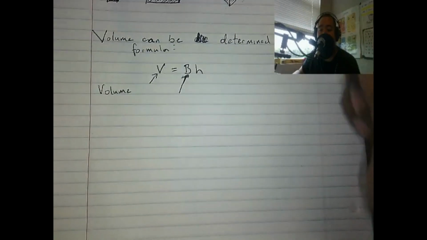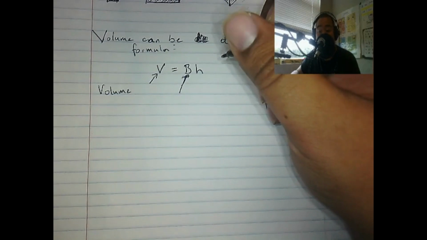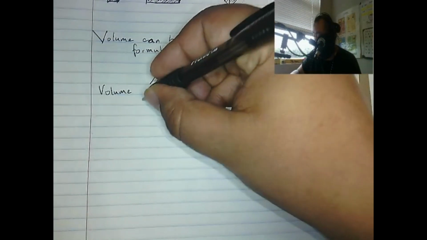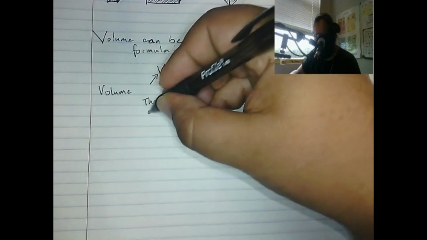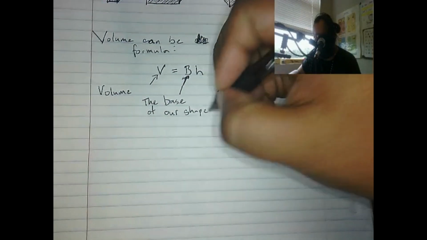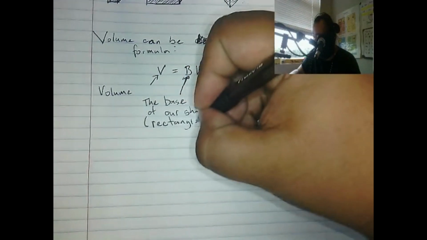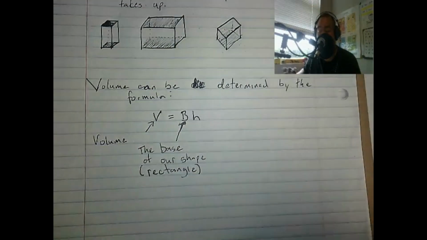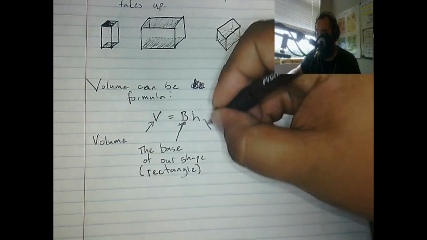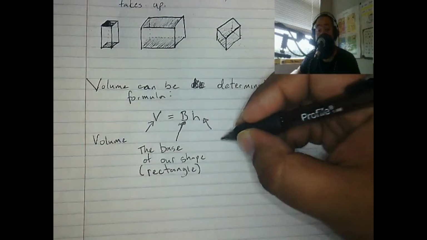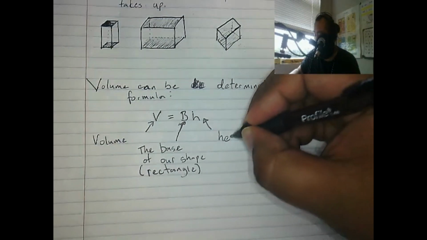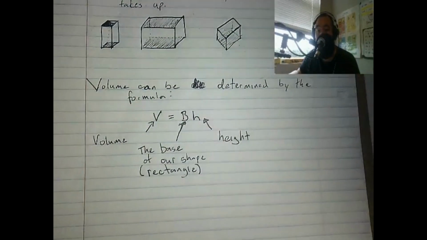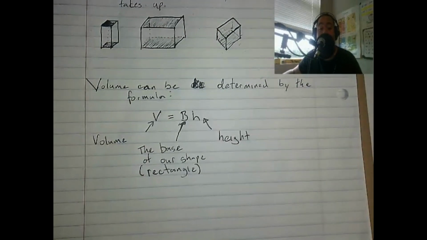Volume can be determined by the formula V equals B times H. The letter V stands for volume. The big B stands for the base of our shape. In this case, we're talking about rectangular prisms, so our base is going to be a rectangle. And the letter H stands for our height. Remember that height is the distance between our two bases.